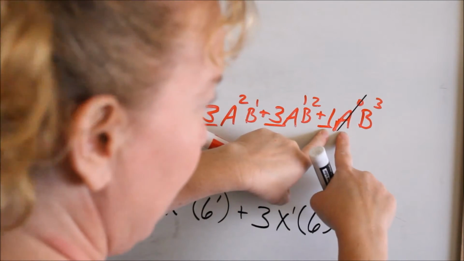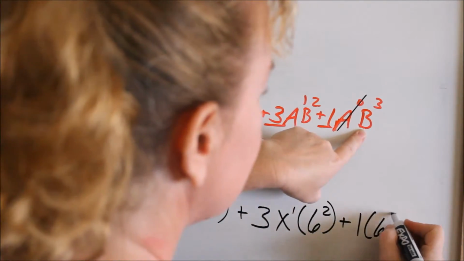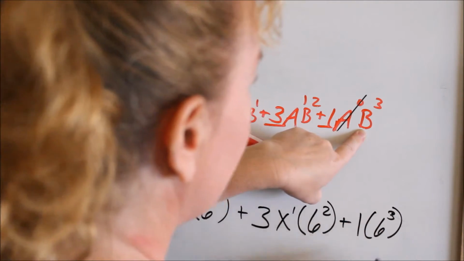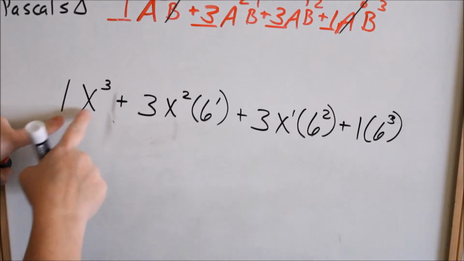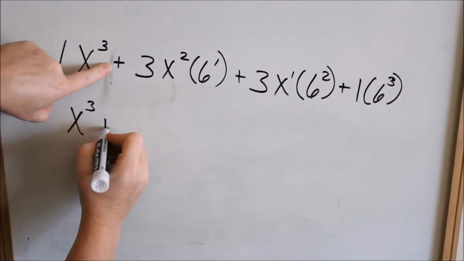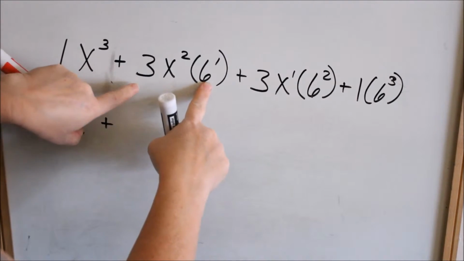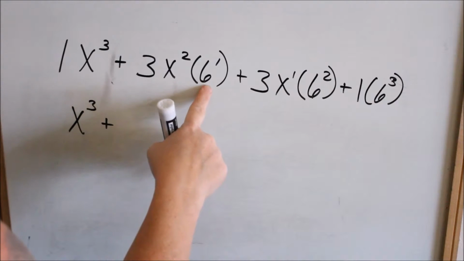I don't have any A's. A to the 0 is 1. B in my case is 6, and then raise it to the cube power. So now I'll go through and simplify. I don't have to write my 1. There's nothing else to multiply, so I'll just have x cubed plus 6 to the first is 6, and this is 3 times x squared times 6 to the first.